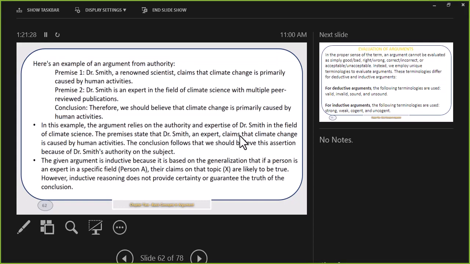Even though the authority is famous in his or her field, he or she cannot support our argument if the subject in our argument is not related to that field. Dr. Smith is a scientist, and the subject in question is about science. Therefore, the argument can be taken as a good inductive argument. The fallacy, when this condition is not met, is known as unqualified authority.